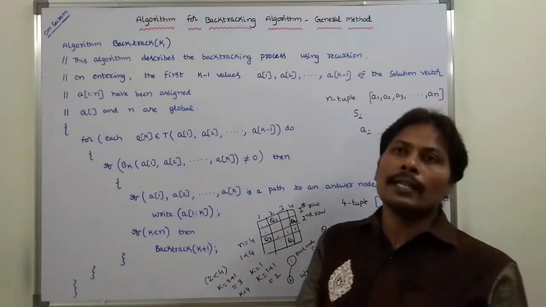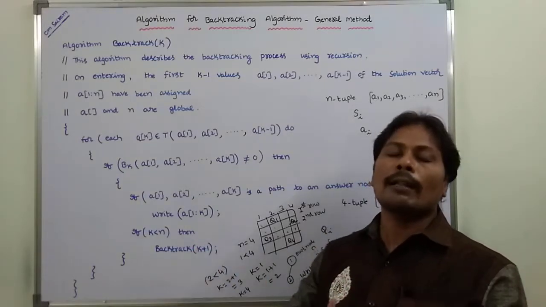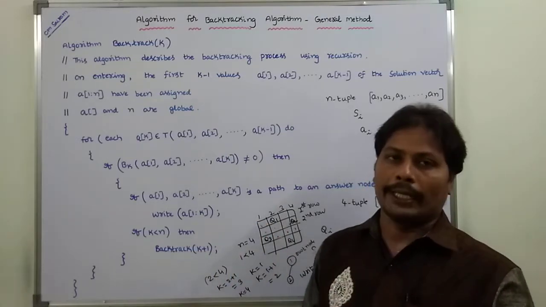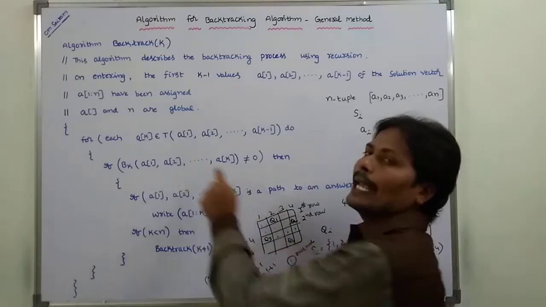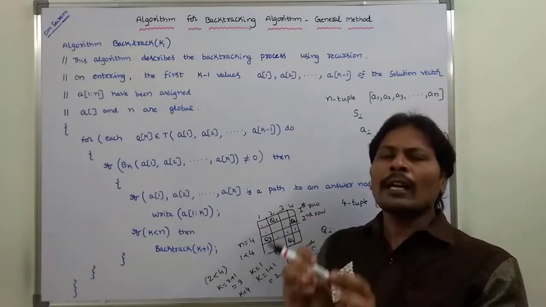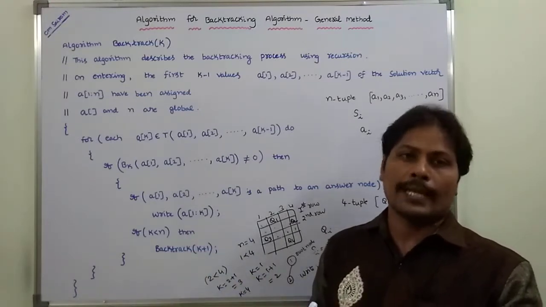Here bounding function is no two queens are on the same row, no two queens are on the same column, no two queens are on the same diagonal. If the bounding function is satisfied, we place the first queen on the 4x4 chessboard.